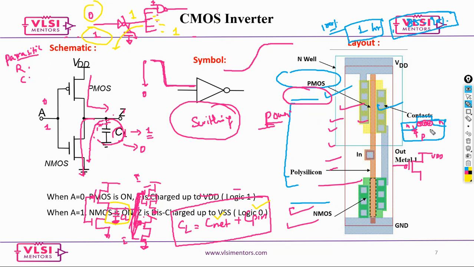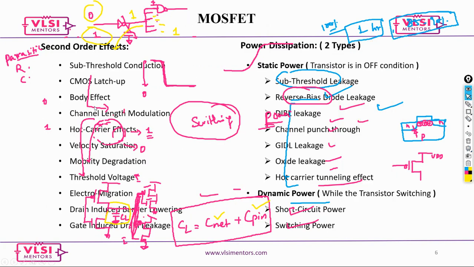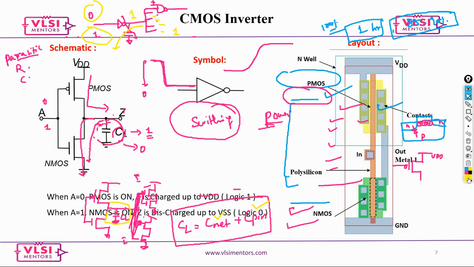Okay, now coming back to our switching power. During this charging and discharging there is certain power that is consumed. When charging, it happens through the PMOS, and when discharging happens, it is through the NMOS. That is how the other subsequent nodes work, connecting to the next few things, and that is how your whole logic is maintained.